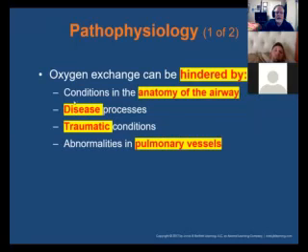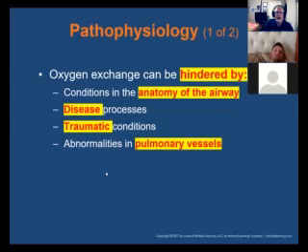Then you can have disease processes that interfere. Two that come to mind really quickly are what? Asthma and COPD.